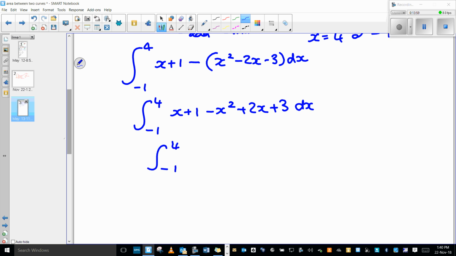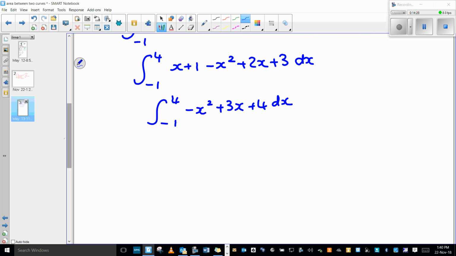So then we've got negative x squared plus 3x plus 4. So far, all we've been doing is establishing which one's on top, making sure we subtract the correct one, and simplify it. Now we've got our function that we can integrate, so we can follow our rules of integration: add 1 to the power, divide by the new power.